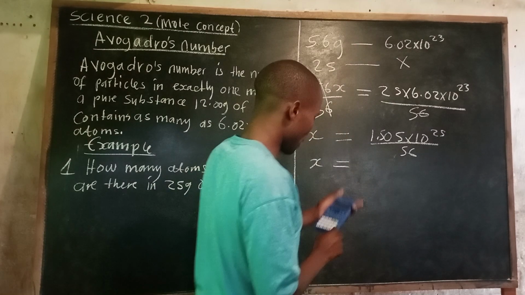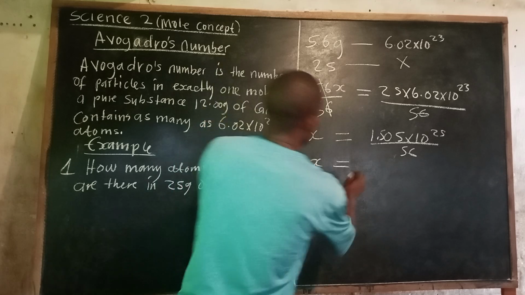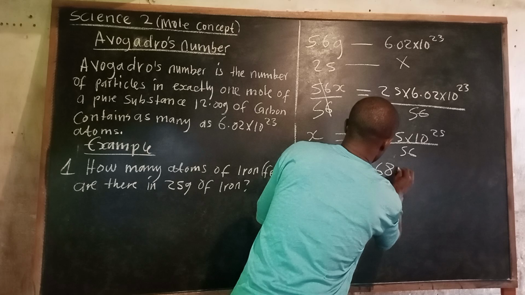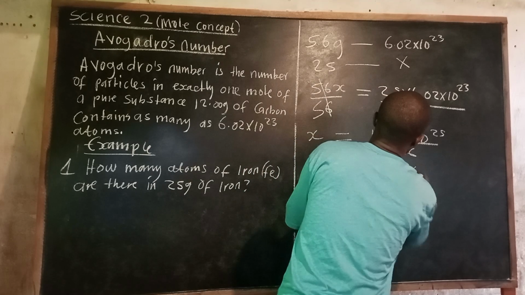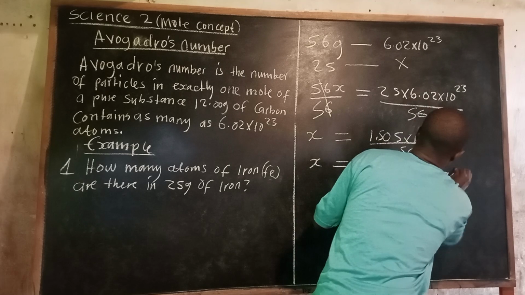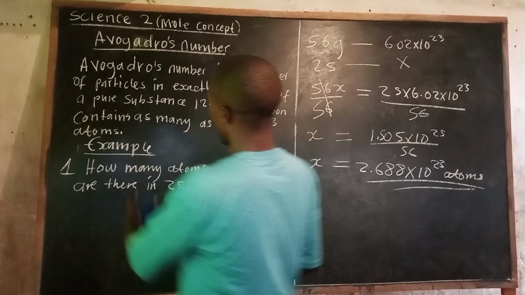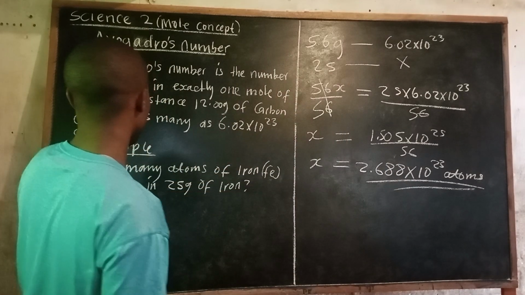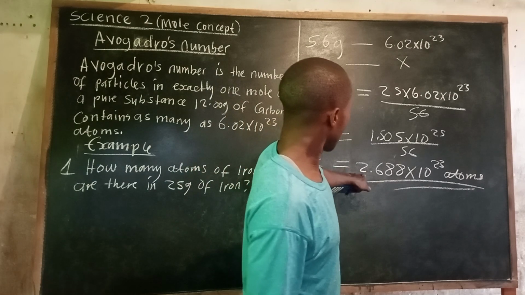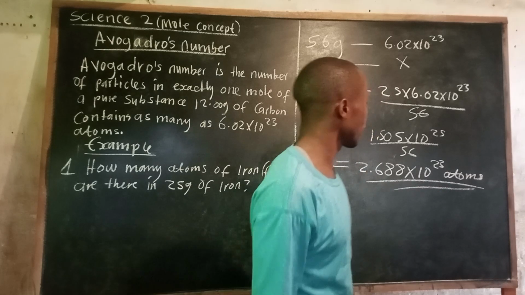That number divided by 56, we have 2.688 times 10 power 23 atoms. So how many atoms of iron are there in 25 grams of iron? The number of atoms is 2.688 times 10 power 23 atoms.